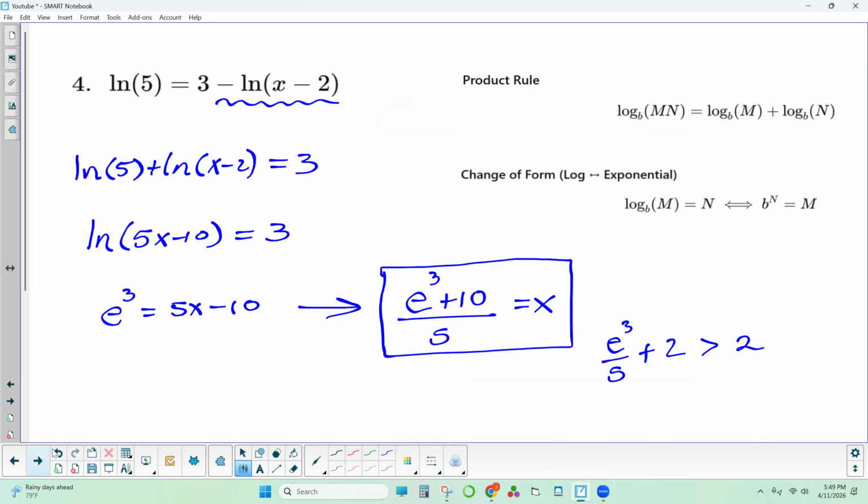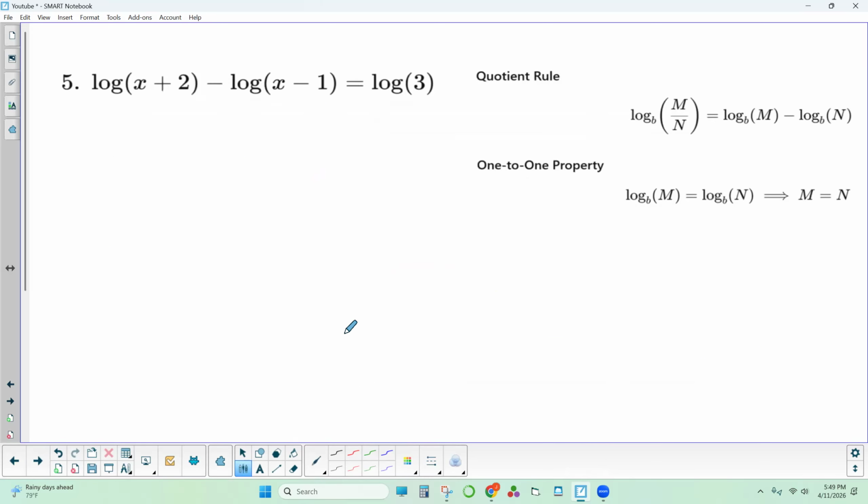All right, number 5. Okay, so here we've got 2 logs of the same base. We are subtracting, so we're going to go ahead and use the quotient rule to write them as a single log of the same base, which would be base 10. And if you look over here, we divide their arguments.